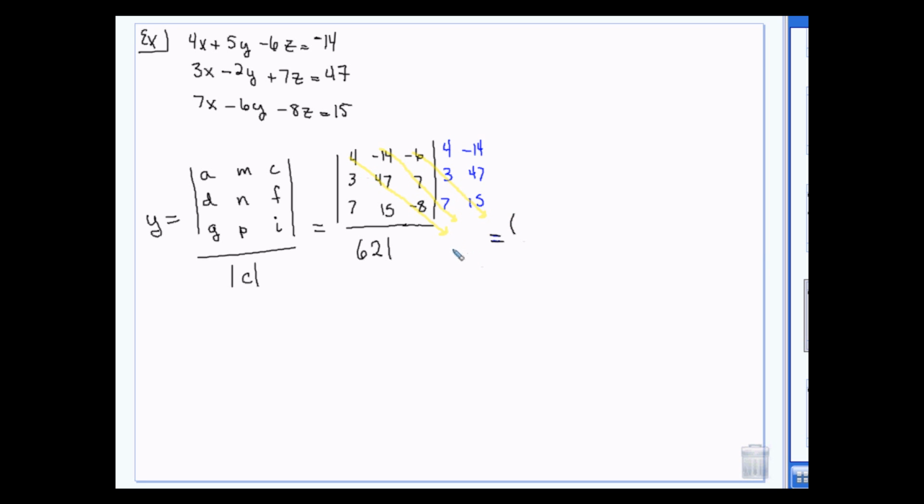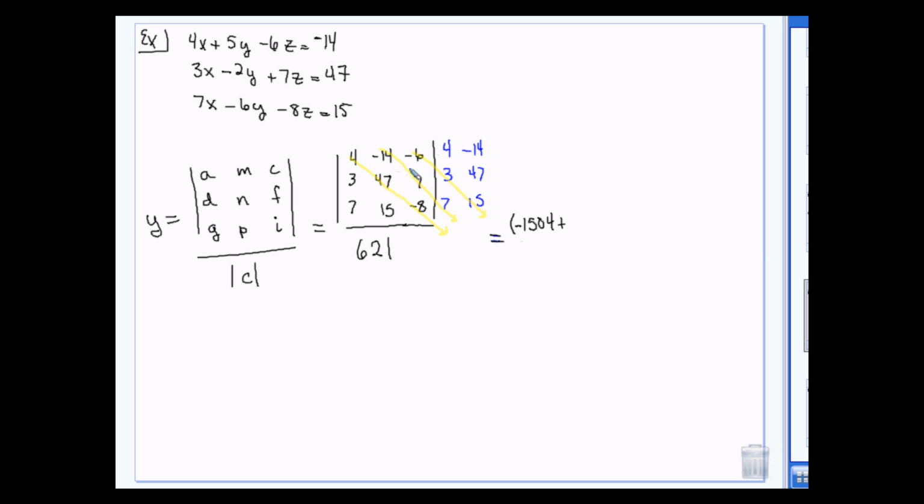So I have 4 times 47. So this is going to be negative, so it's negative 1504. Yes, I did.